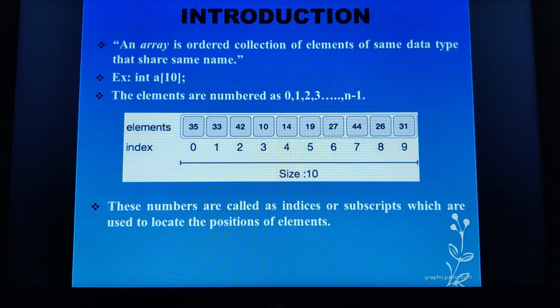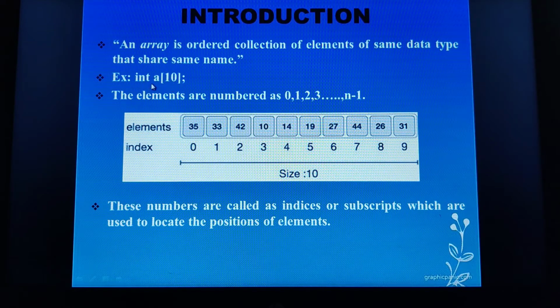So how do we declare an array? I have to specify the data type, followed by the array name, followed by the size of the array. This statement tells the compiler that we are going to use an array known as A, whose data type will be integer and the size of the array would be 10.